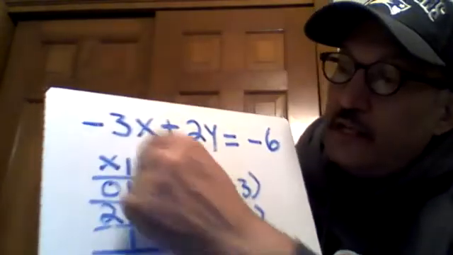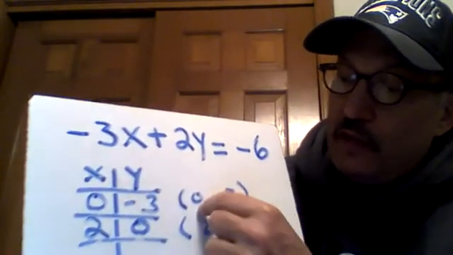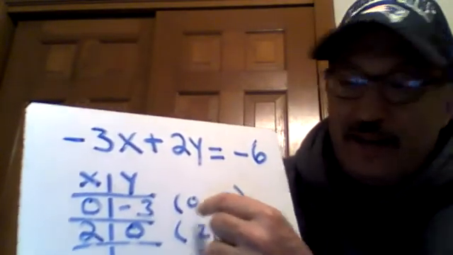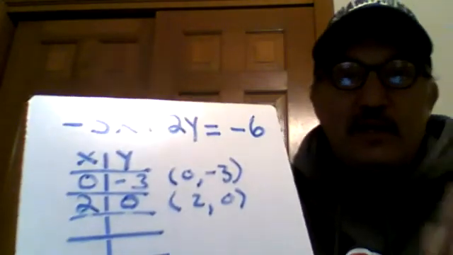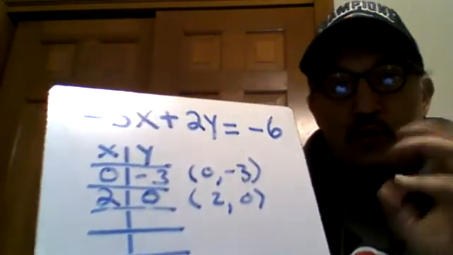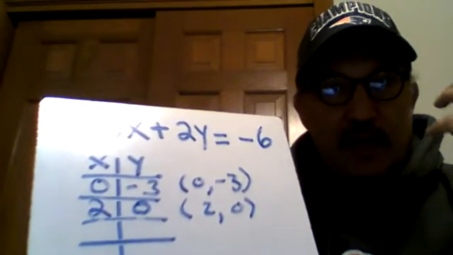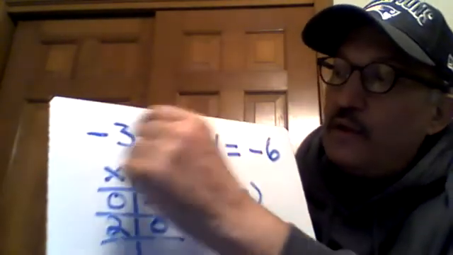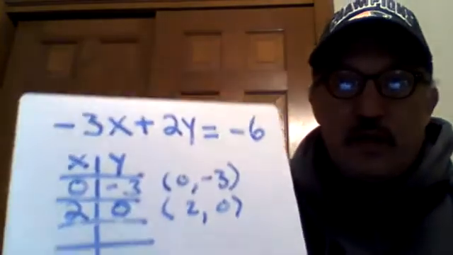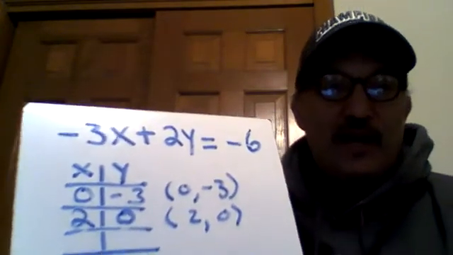This is called a t-table for obvious reasons, and 0, negative 3 is a point on the line, and 2, comma 0 is a point on the line. And you see, those two combinations of numbers can be seen as two mathematical realities. They are numbers that create a true statement in the equation, and they are points on the line.